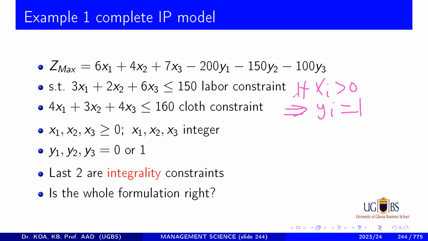And also, if xi is 0, because it can be 0 or positive, okay? If xi is 0, then implicitly yi must be 0. We know this already. Therefore, there is a connection, that's the word, link, between the x and then the y.